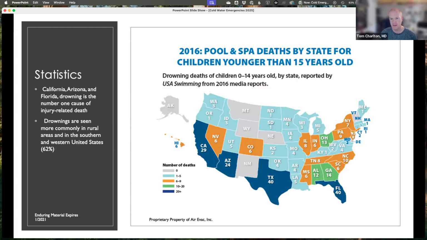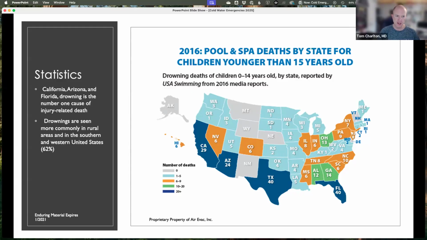It's kind of surprising to me, given that I would expect in some of the more southern states there'd be more pools, et cetera, therefore more opportunities for kids to drown. But it's interesting that Ohio is right up there with the rest of some of the southern states.